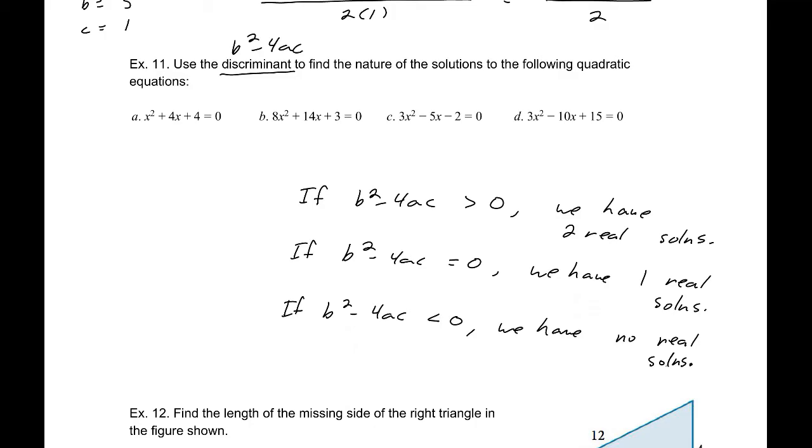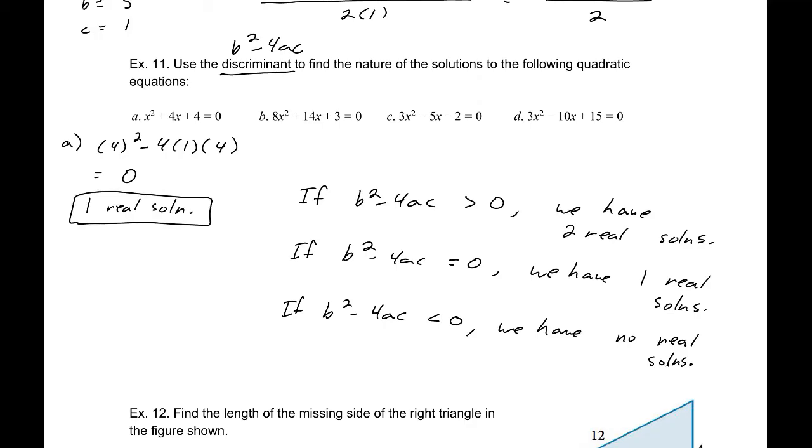All right, so for part A, we're going to calculate b squared minus 4ac. So 4 squared minus 4ac. That is equal to 16 minus 16. That is 0. So we have one real solution. All right, part B. We have our A, our B, and our C there.